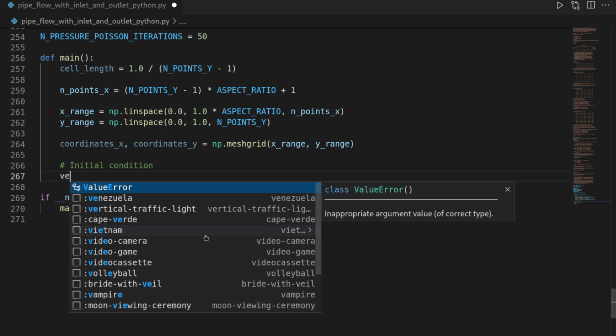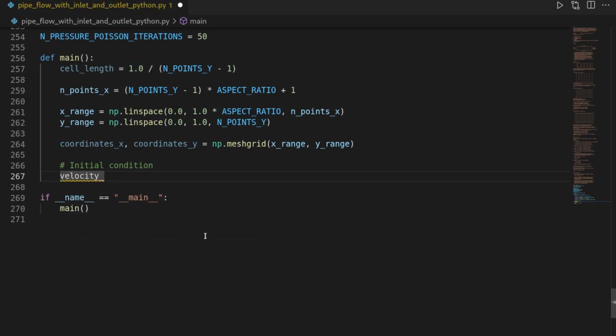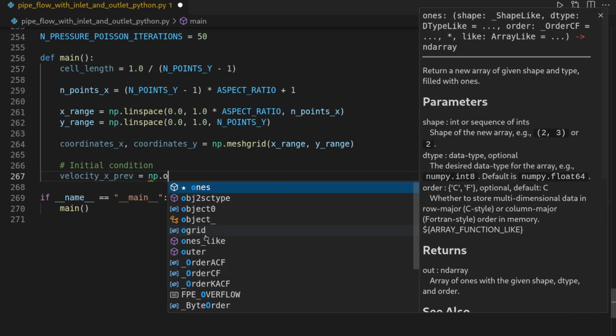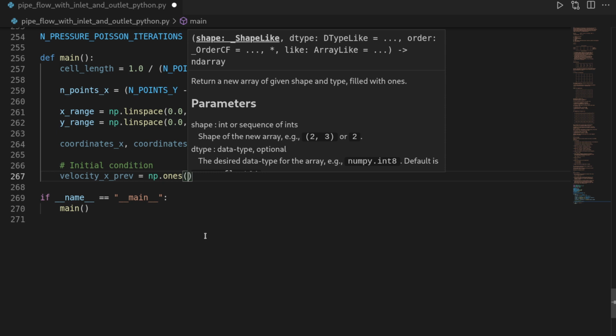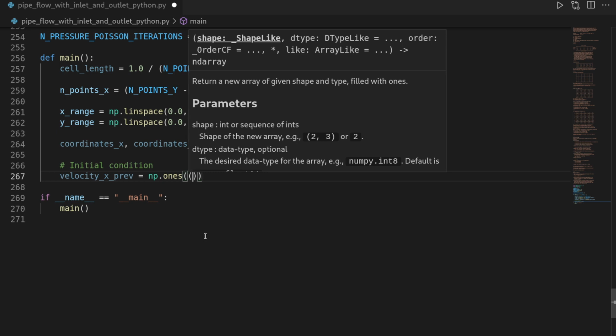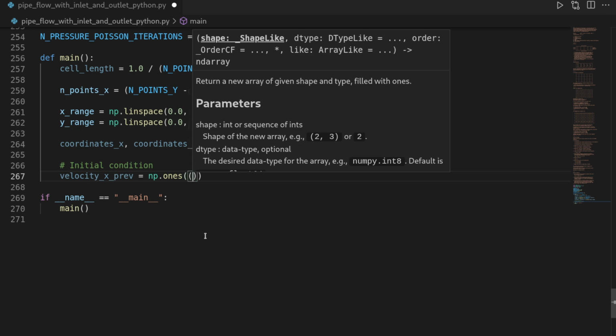And for this we say we have a velocity in X from the previous iteration. And of course, when we are in the 0th iteration, previous means initial condition. And as said, I want to have a uniform distribution with ones in the velocity. So I'm going to use np.ones. And now remind yourself, we are in the staggered grid.